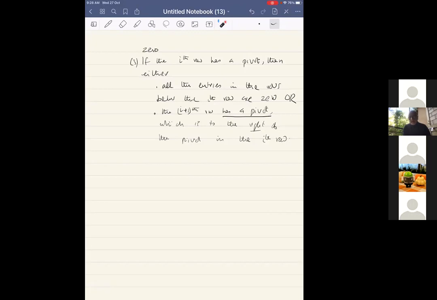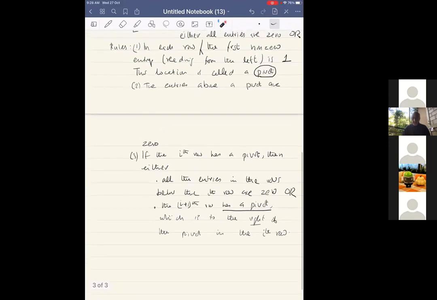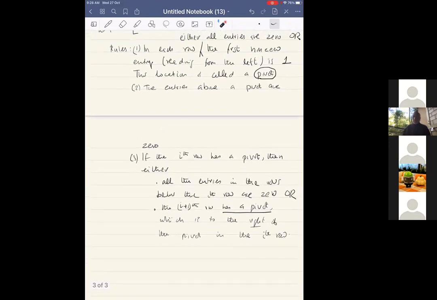Sir, but is it necessary for the (i+1)th row to have a pivot? I mean, if the ith row has a pivot, and the (i+1)th row does not have a pivot, then all the rows below the ith row are zero. Okay. Yeah.